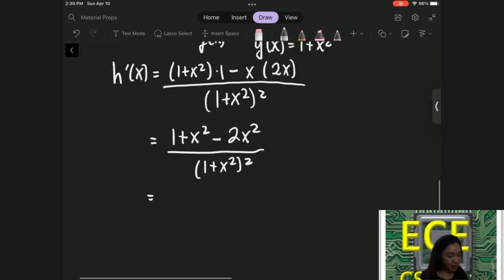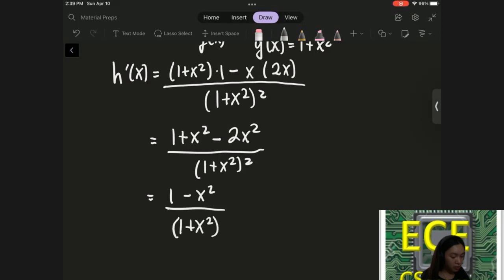Equals 1 minus x squared all over 1 plus x squared, all squared. Can it be simplified more? No, that's it. All right, so the derivative of h of x, oh my god, that was ugly, is that. And those are your rules to find the derivative.